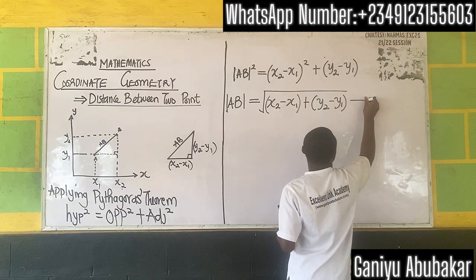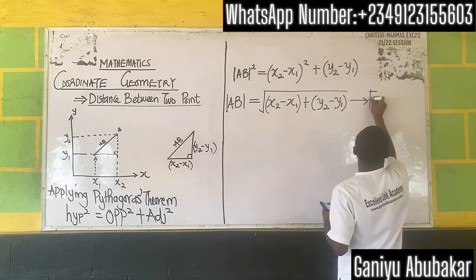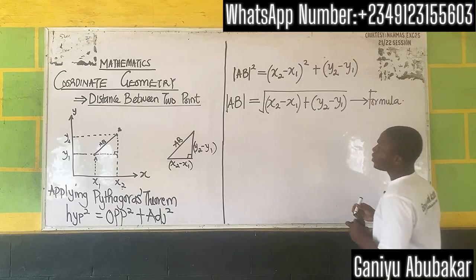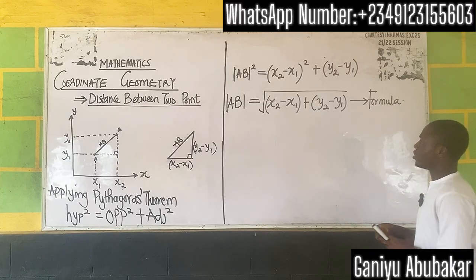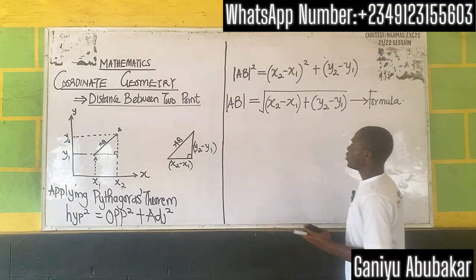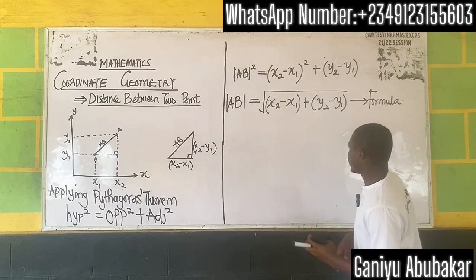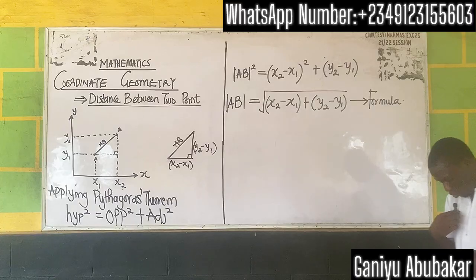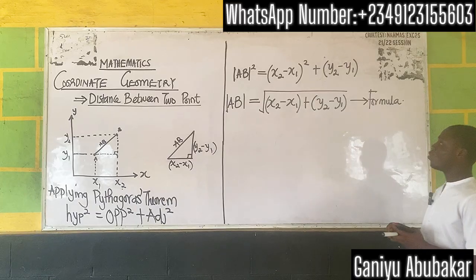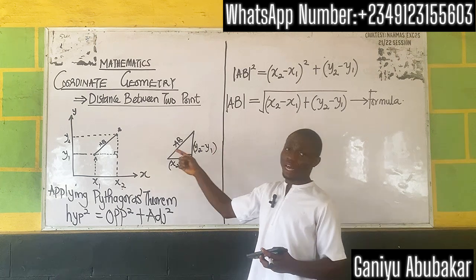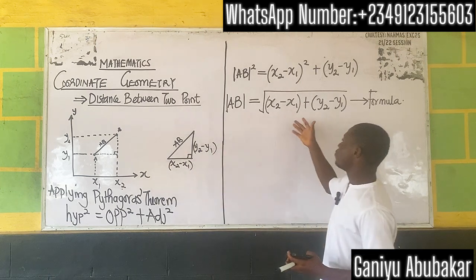This here becomes the formula for calculating distance between 2 points. That's AB, the distance between 2 points AB, is equal to the square root of (x2 minus x1) squared plus (y2 minus y1) squared. This is the formula for calculating distance between 2 points, and this is how you derive the formula.